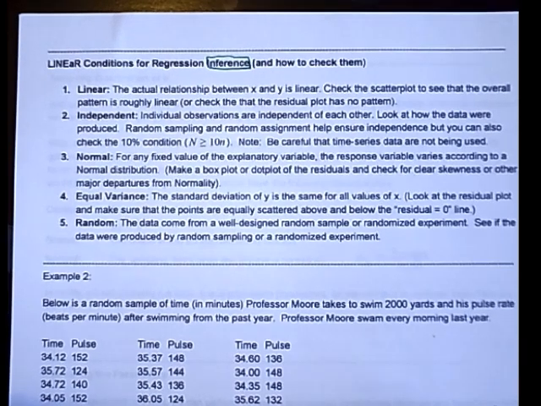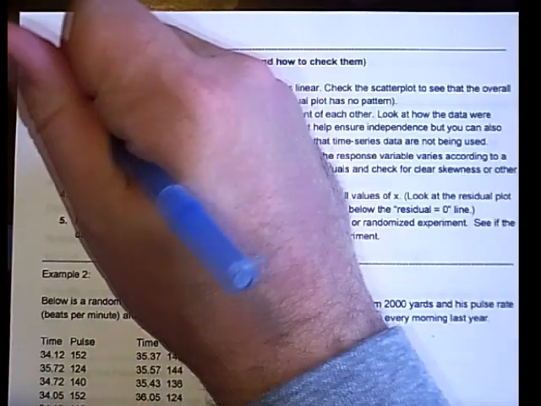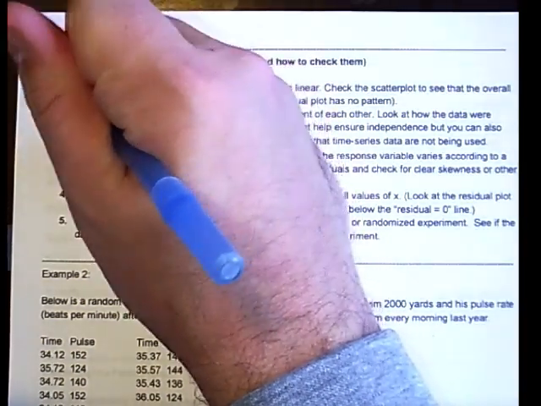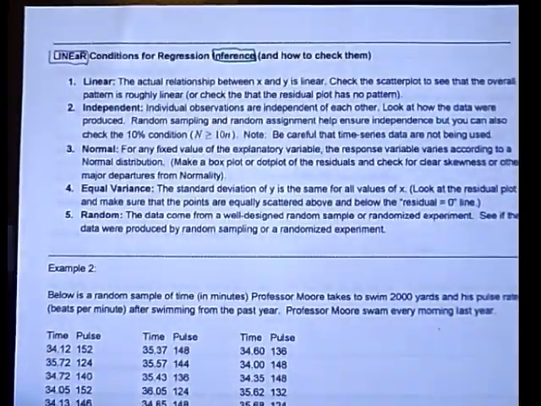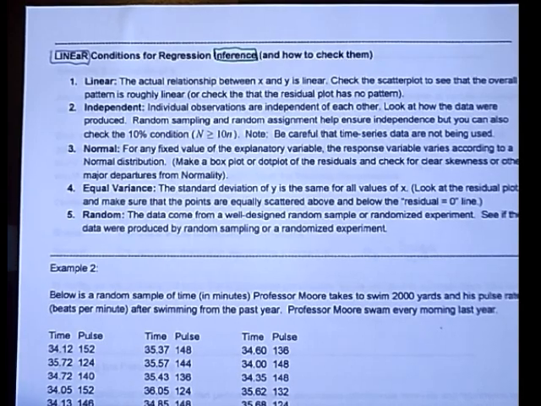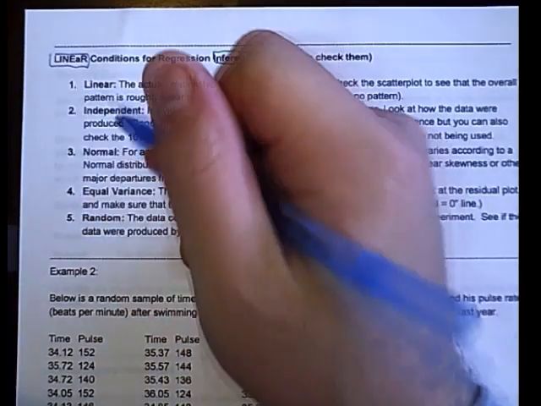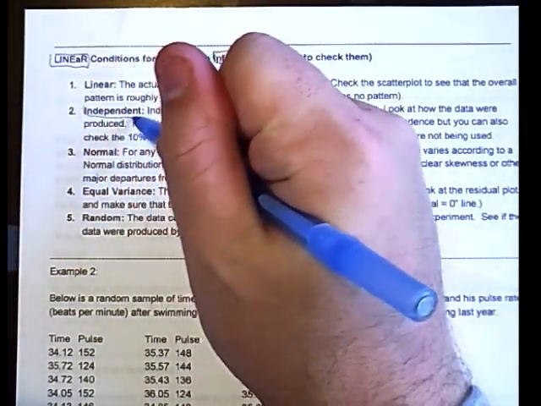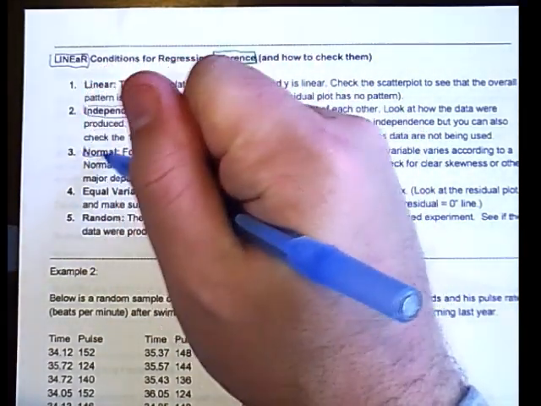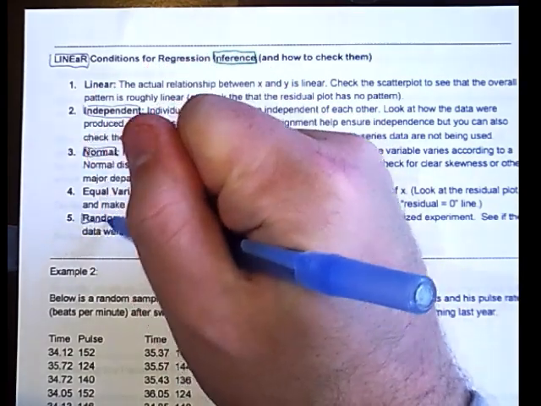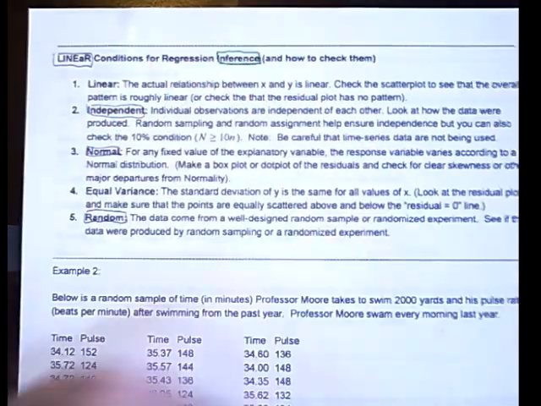Okay. So the way I remember it is with this acronym called LINER. Okay. So we have some of the same conditions that we had before, like our independent, our normal, and our random. Okay, but there's a couple other ones as well.